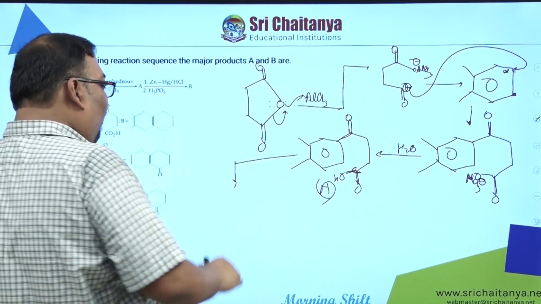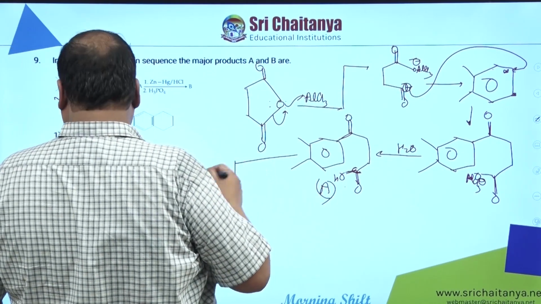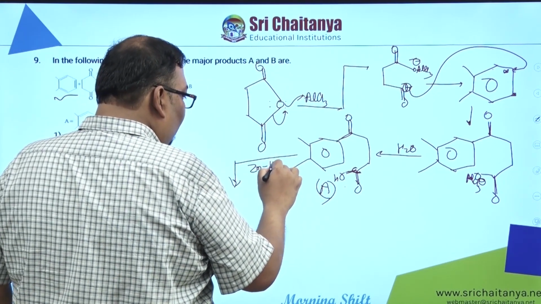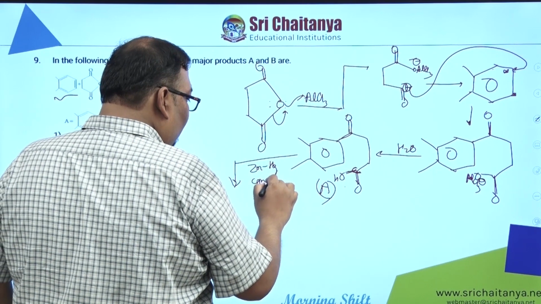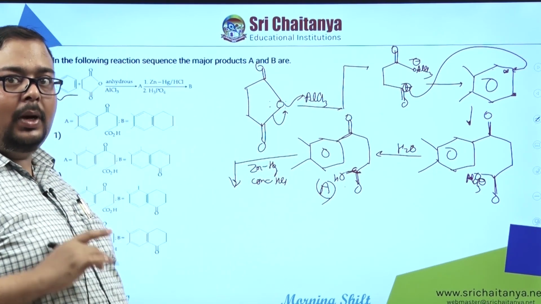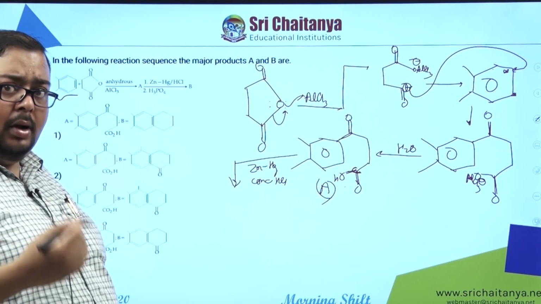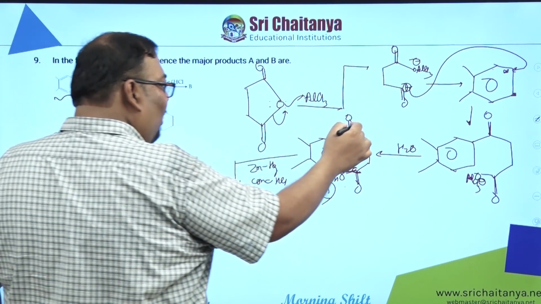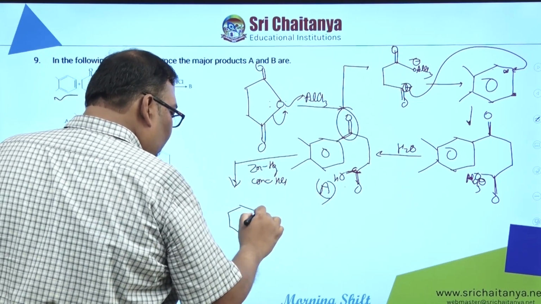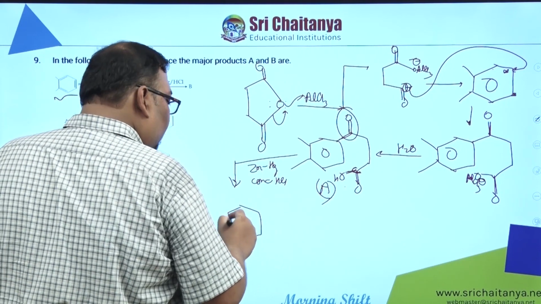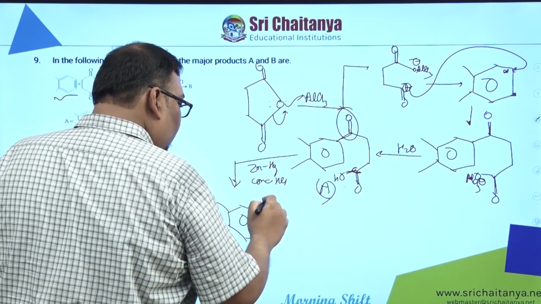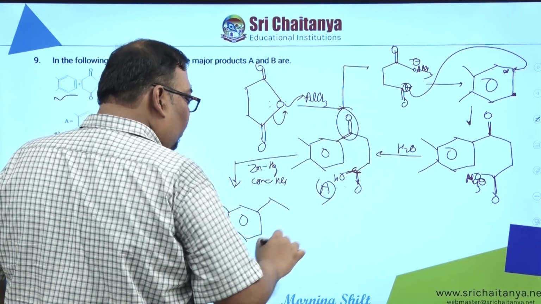Now what we are doing is Clemmensen's reduction, which is zinc amalgam and concentrated HCl. Clemmensen's reduction will only affect the ketone group. It won't affect the carboxylic acid group. So if only this group is getting affected, then this will get converted into CH2.